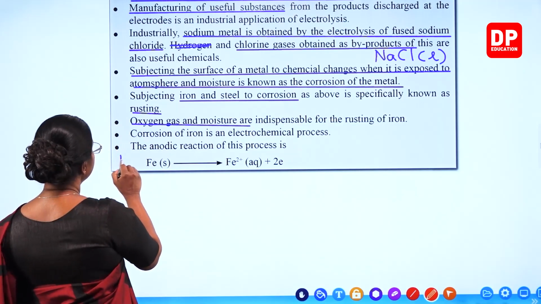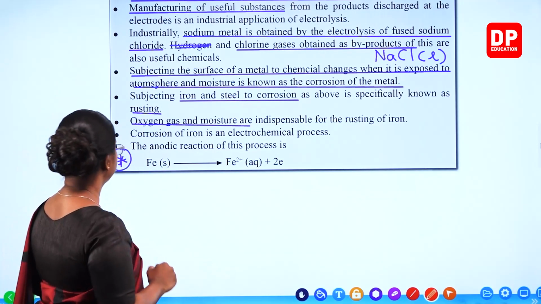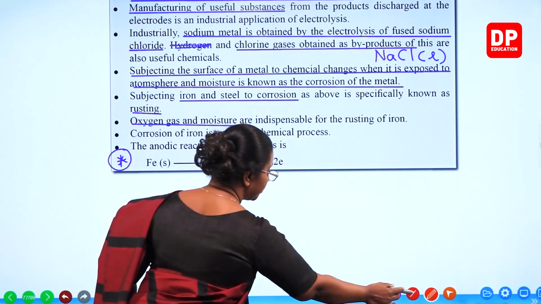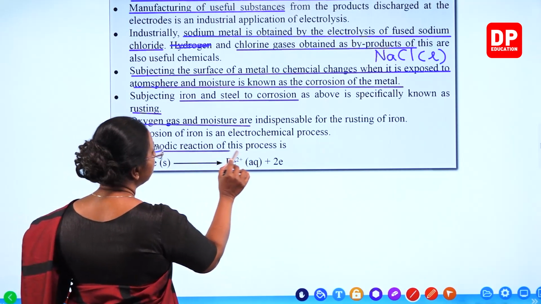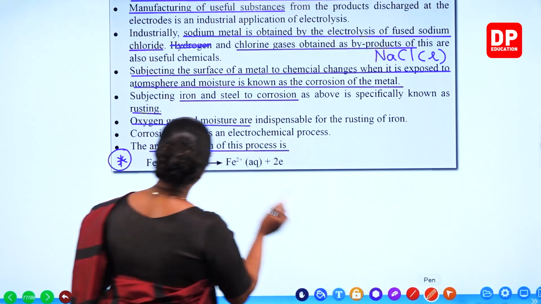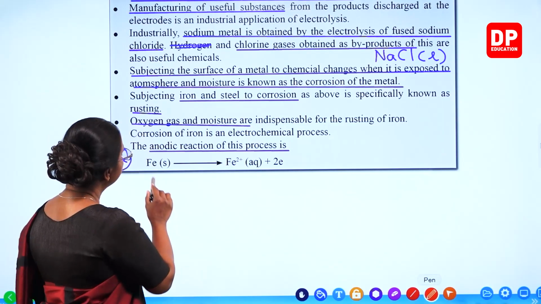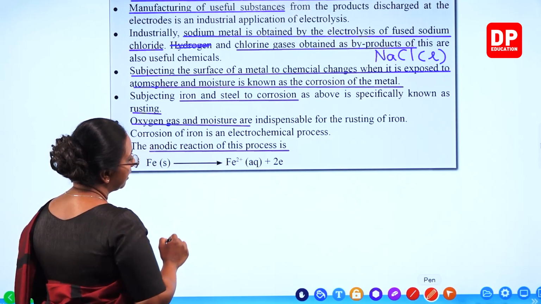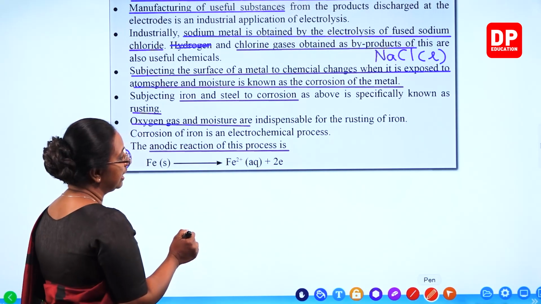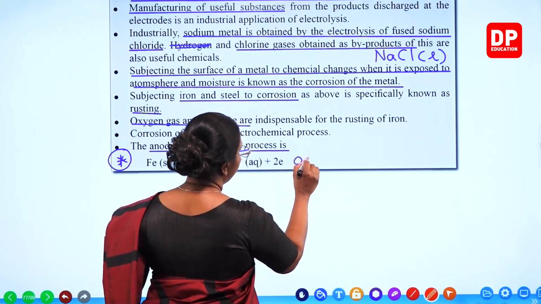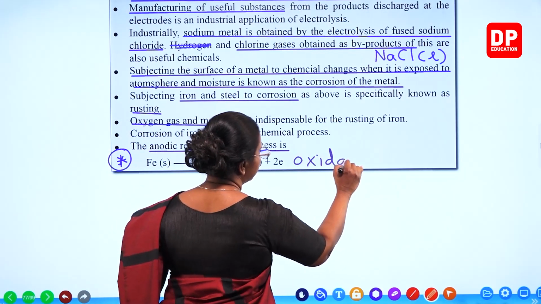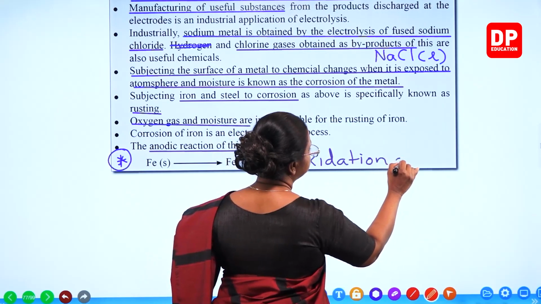Here you can see this is the oxidation reaction or the anodic reaction. You can see here anodic reaction of this process, that is oxidation of iron, Fe(s) becoming Fe2+(aq), losing electrons. So, this is the oxidation of iron.